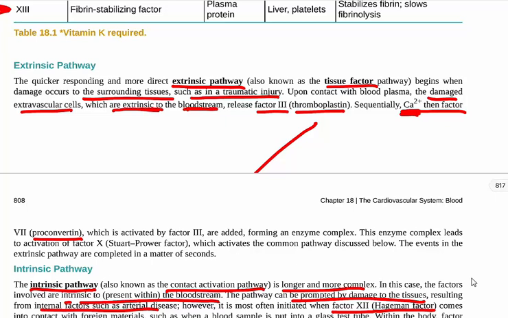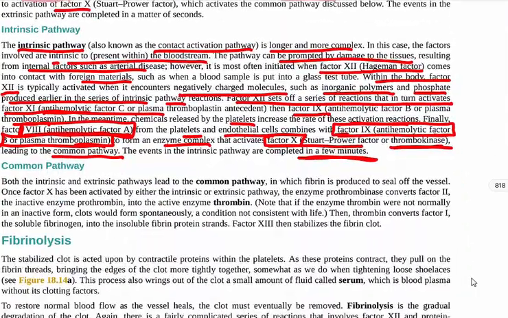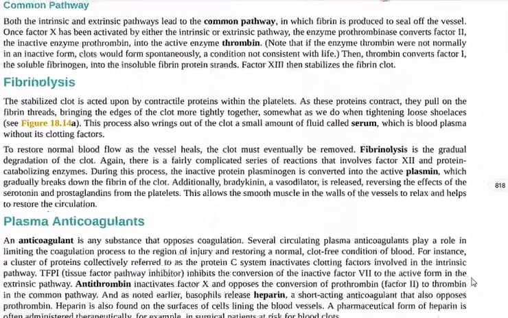So we have factor 3, calcium, and factor 7, proconvertin, all going to form this enzyme complex, and then that's going to lead to the activation of our factor 10, our thrombokinase again. So the extrinsic pathway ends up at thrombokinase, the intrinsic pathway ends up at thrombokinase, both activating this common pathway.